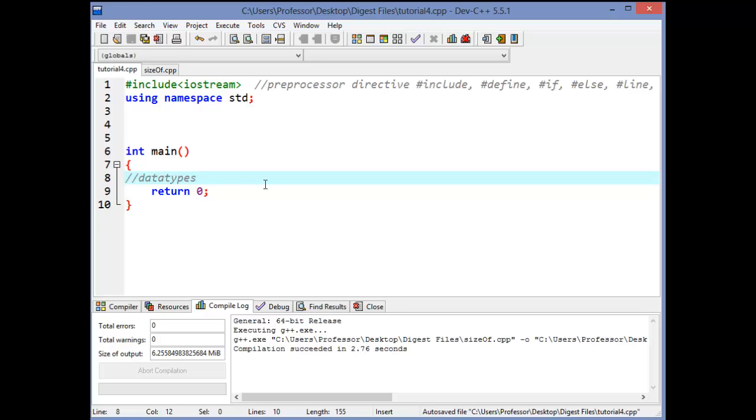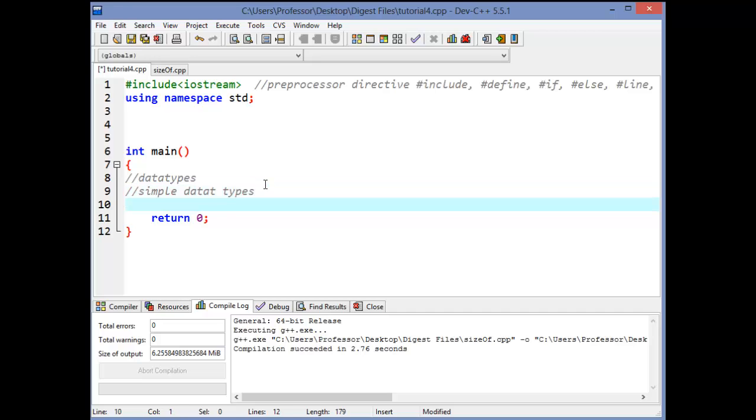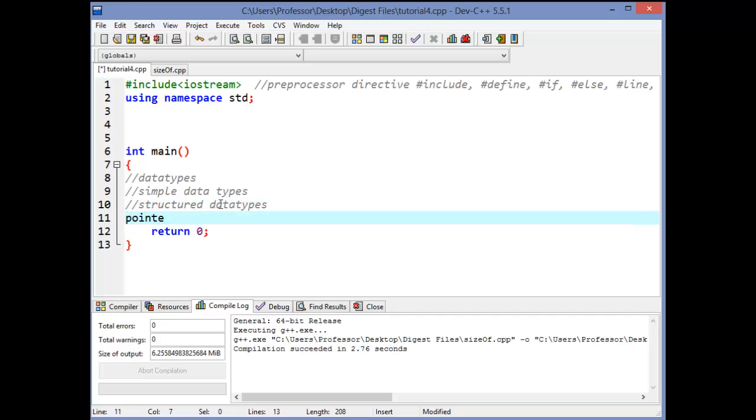We can have what we call the simple data types, then we can have structured data types, then we can have what we call pointers. Is that okay? So these are the main categories of C++ data types.